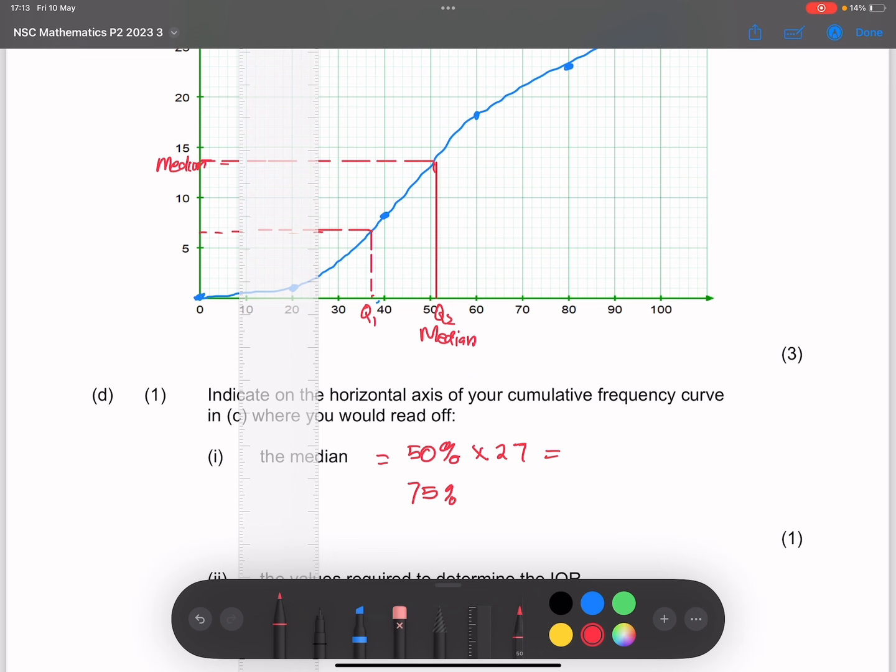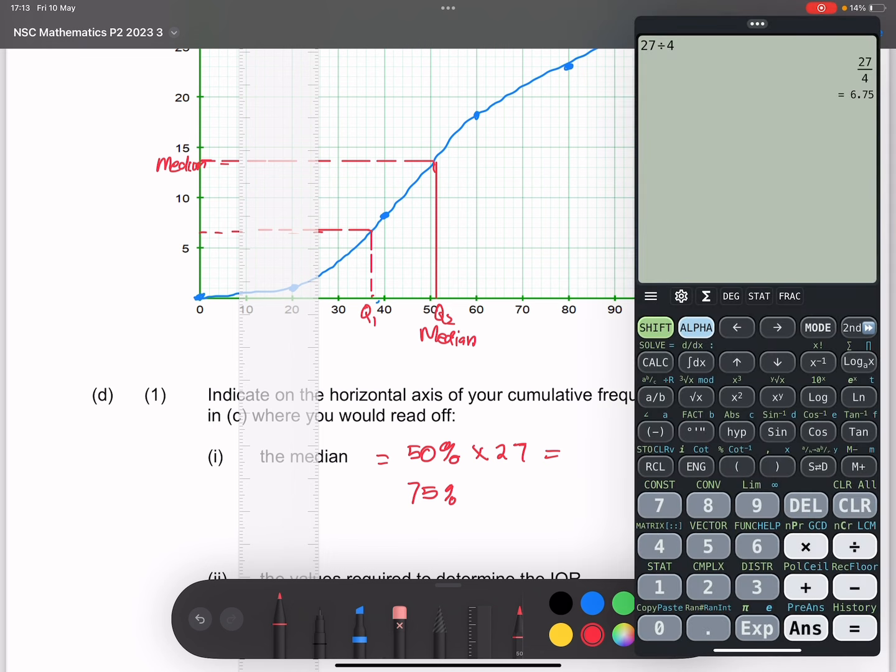So let's go to our calculator again and say 0.75 of 27. Or you can say 27 multiplied by 3 over 4, or just 27 times 75 over 100. So what do we get? We get 20.25.